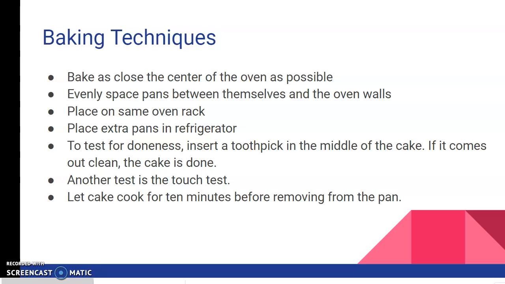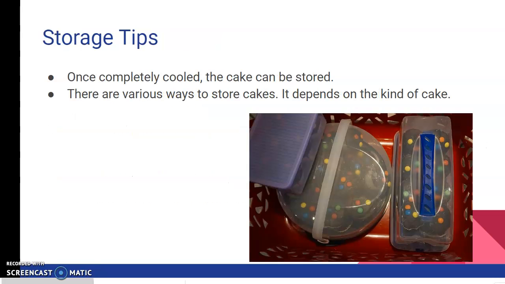You're going to slide a knife or a metal spatula around the edges of the cake, invert the cooling rack onto the cake pan, and flip both over simultaneously. And then you're going to allow the cake to drop out of the pan and onto the rack. And then you, of course, want to make sure that the cake cools a little bit longer in a draft-free area.